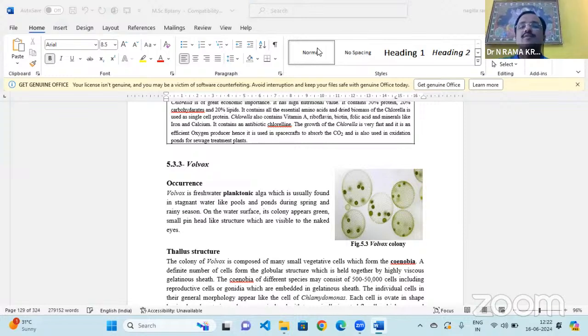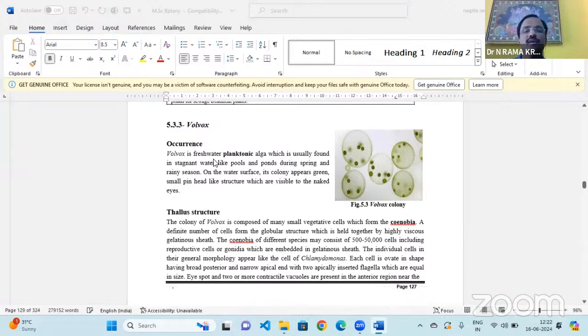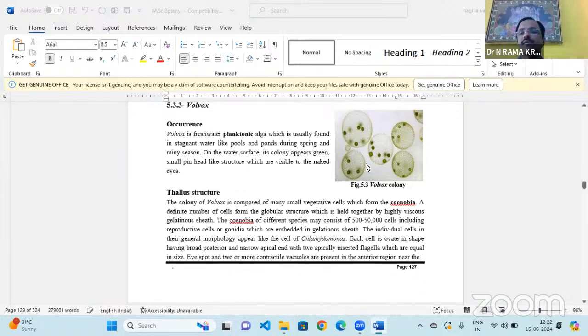Similarly, the next one is Volvox. Here I am showing Volvox. Now you see here Volvox. Volvox is also a freshwater planktonic alga.